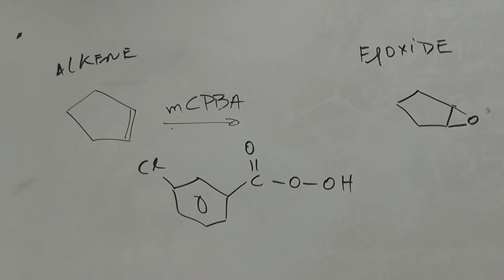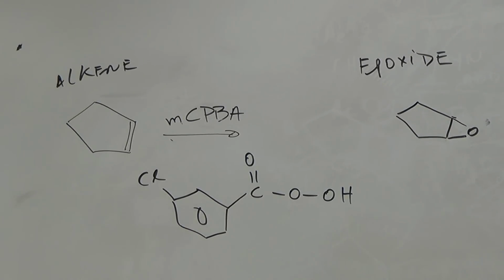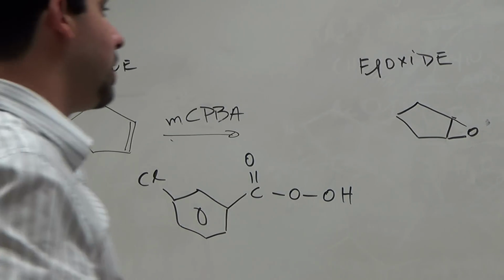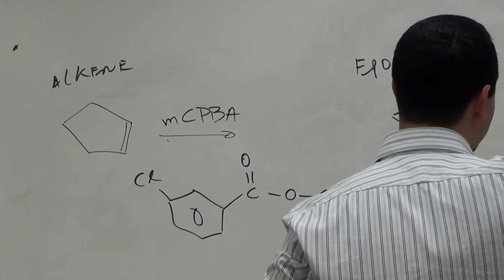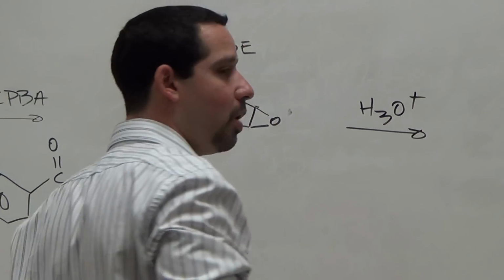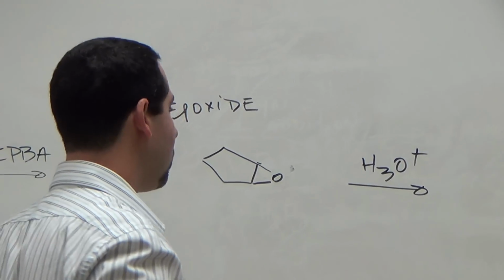So the first one is G, and following G, we go to 2, with the HCl. And on 2, we have an epoxide, which we made from G. And with this epoxide, H3O plus, water is going to be the one that attacks.